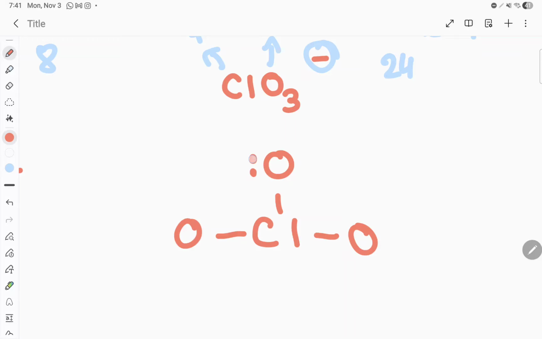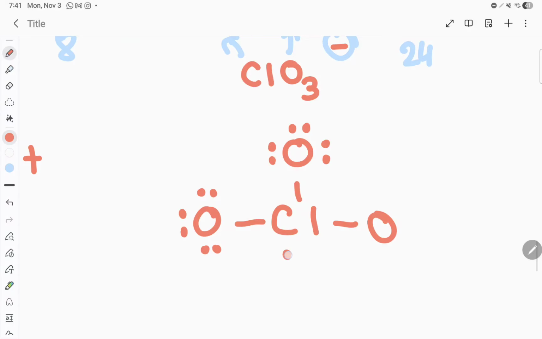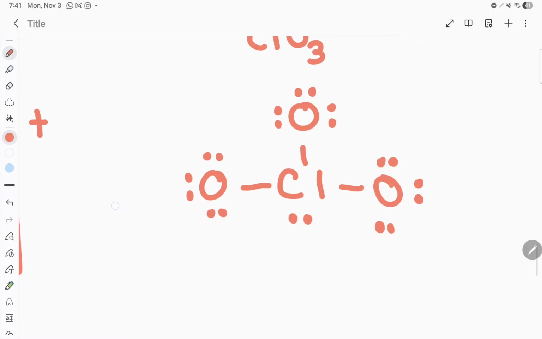So there's obviously exceptions, but those we get to later. So we need to satisfy octet first. In the exam, don't just put a point, actually draw a circle. And don't leave it blank, fill it in.